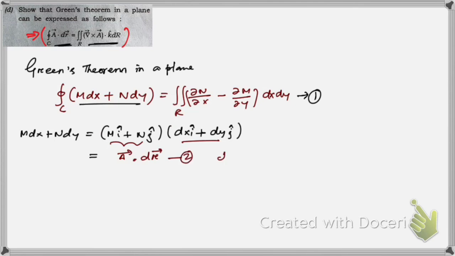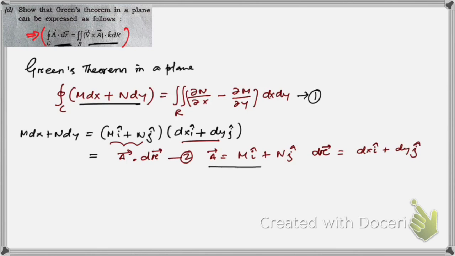Here vector A is equal to M i cap plus N j cap, and vector dr is nothing but dx i cap plus dy j cap. So hope you have understood this.